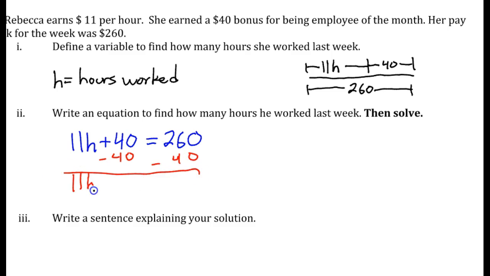So we have 220, and that means if you got $220 for working $11 an hour, see 11 into 22 is 2, so 11 into 220 would be just 20.